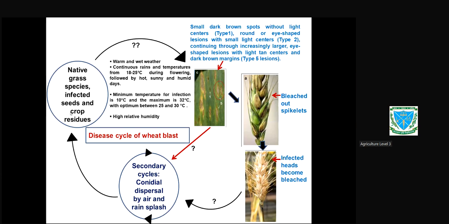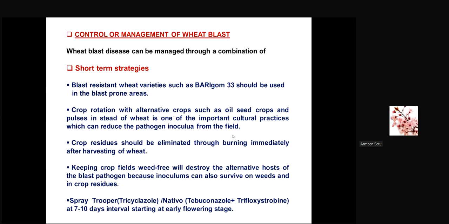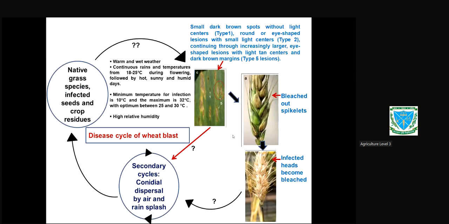Sometimes, or in most cases, you cannot see the symptom on the wheat leaf. But if you see the symptom on the leaf, the symptoms look like this. Usually you can directly notice the symptom on the head. Okay. So, thank you, sir.